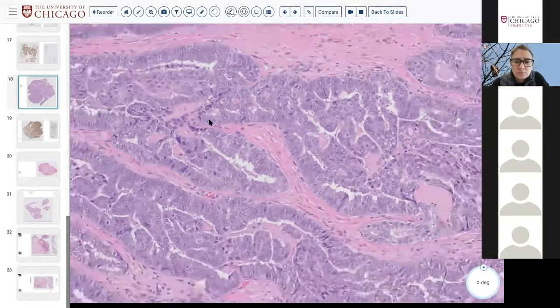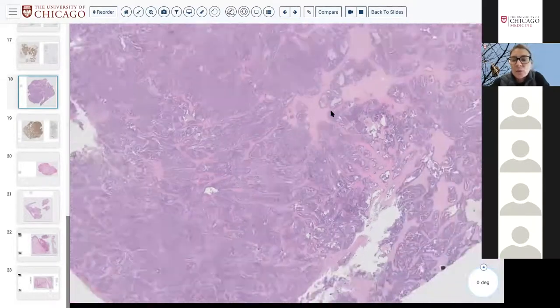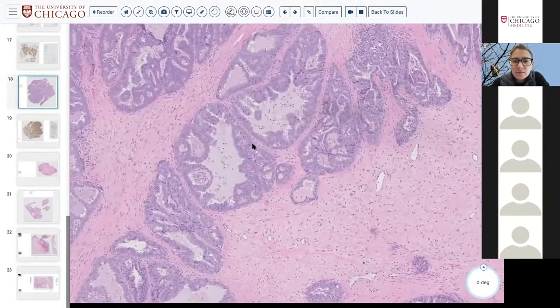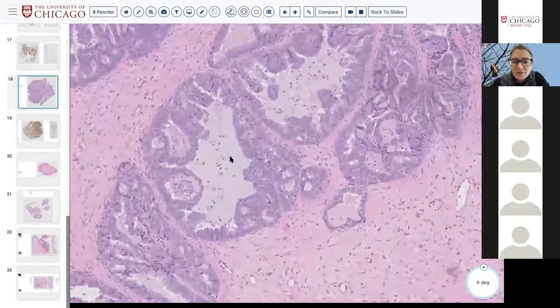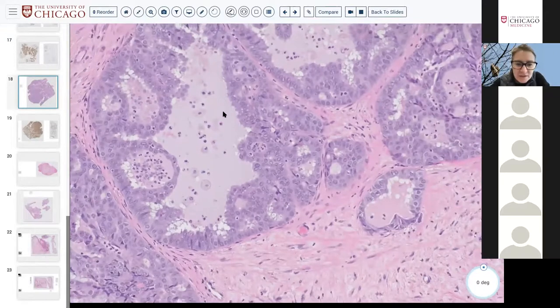All right, so in this case, we have, again, a somewhat gland-forming lesion, with some material in the center that's maybe not quite as grungy neutrophilic debris, although there's a couple neutrophils. This actually looks like it could be sort of myxoid or mucoid or even serous type of material.